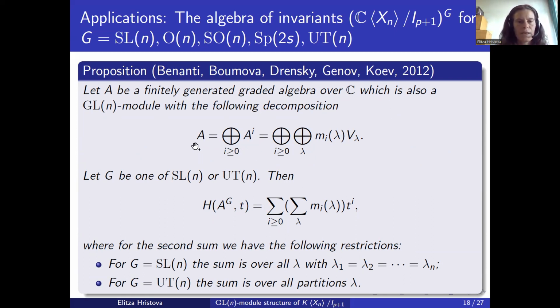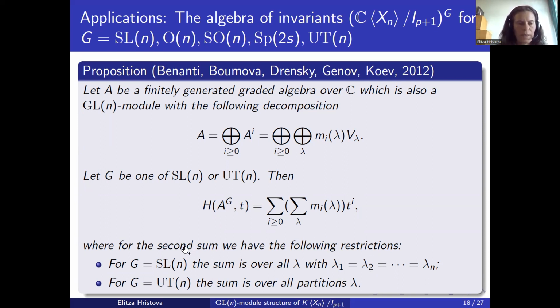It says that if we take an algebra A, which is finitely generated and graded, such that each homogeneous component is a polynomial GLN module, and if we have the following decomposition of A as a GLN module, then for the Hilbert series of the algebra of G-invariants, we have this form, where we have some restrictions on the second sum, the sum over all partitions based on G. When the group G is SLN, then the second sum is over all partitions with equal entries, lambda 1 equal to lambda 2, and so on.